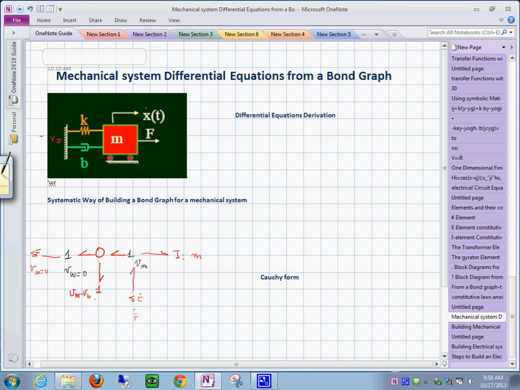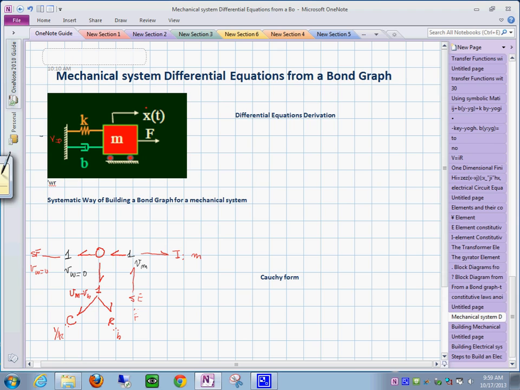Step number 5 means put the elements that are attached to those different velocity differences. So this is going to be the C element with value 1 over k, and this other one is going to be the R element with value b. And we are done.